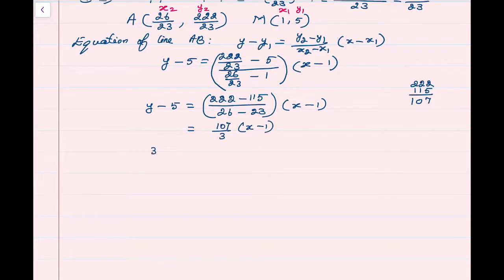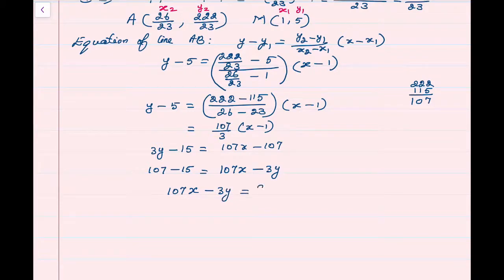Multiply by 3. 3y minus 15 is 107x minus 107. The equation is 107x, taking the y term to this side, minus 3y is equal to 107 minus 15. Therefore, 107x minus 3y is equal to 92.